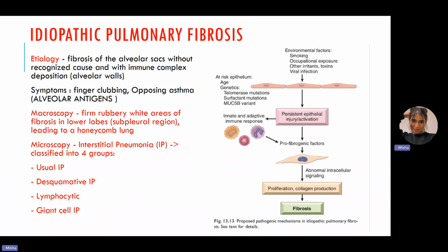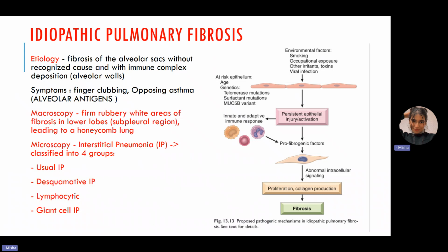Then we have desquamative interstitial pneumonia, in which we can see macrophages appearing in the alveoli. This normally has a good prognosis. Then we have lymphocytic interstitial pneumonia, in which there's extensive interstitial infiltrate of lymphocytes and plasma cells, because obviously there's inflammation occurring.